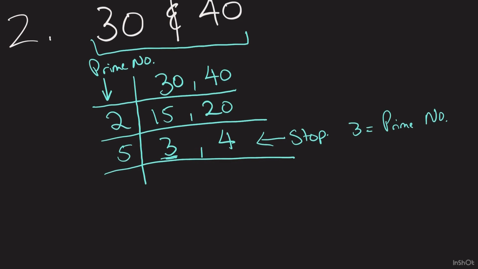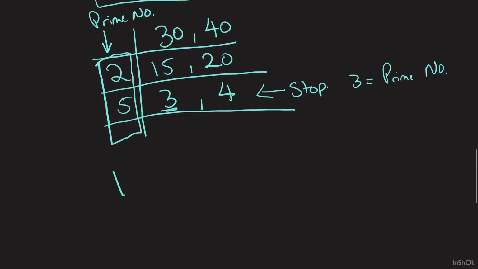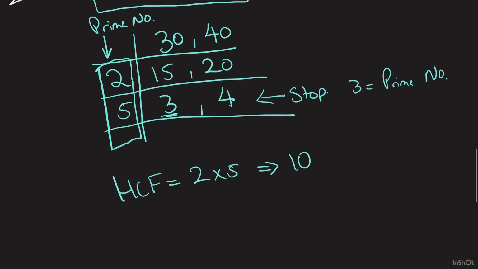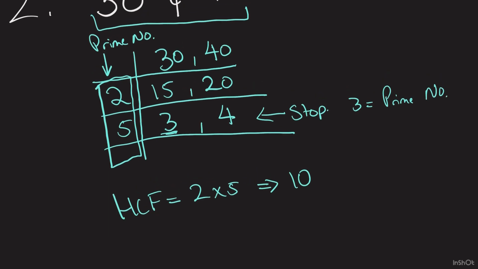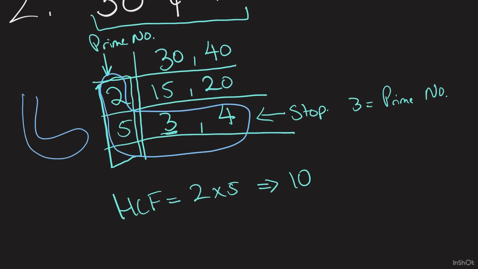How do we work out the highest common factor and lowest common multiple? The highest common factor will always be all the numbers in this column multiplied together. So highest common factor equals 2 times 5, which equals 10. And the lowest common multiple would be all the numbers in this L shape. So everything I've got in blue makes this L shape: everything in the column and the final horizontal line at the bottom.